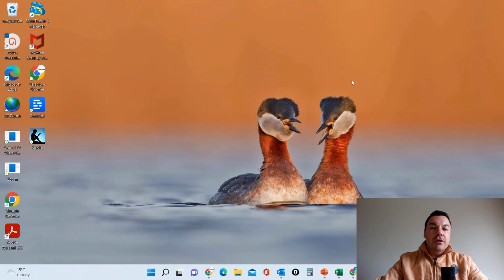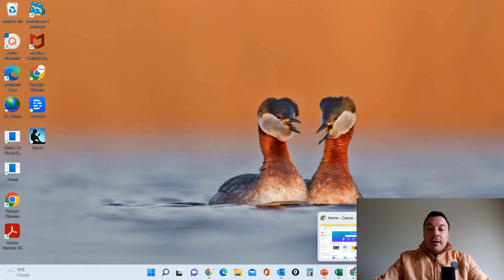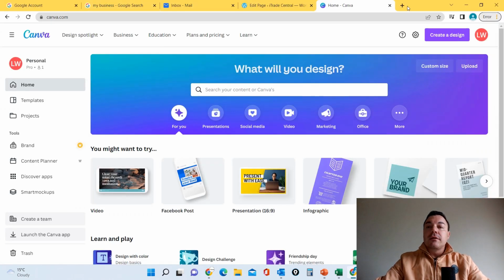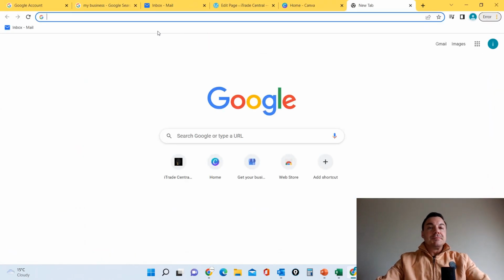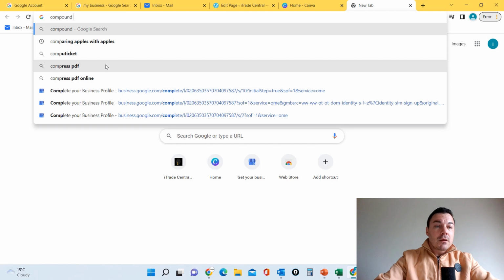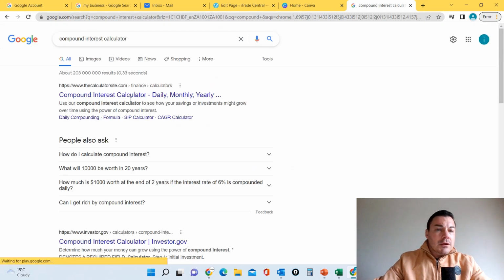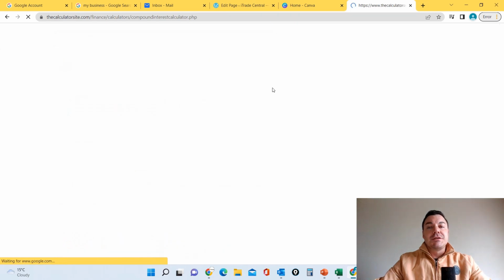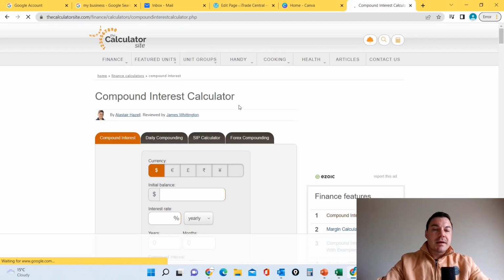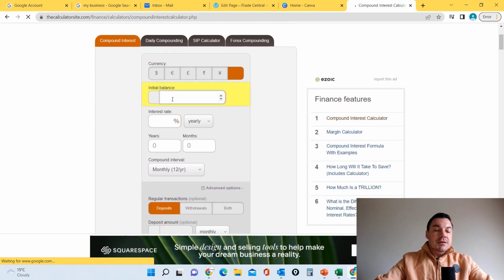So let's go and have a look at where we're going to go. I think this one will be the easiest. If we have a look at a compound interest calculator, and we use the one that I like to use, it's just simple and easy to understand, we start out with 10,000 Rand as our investment.